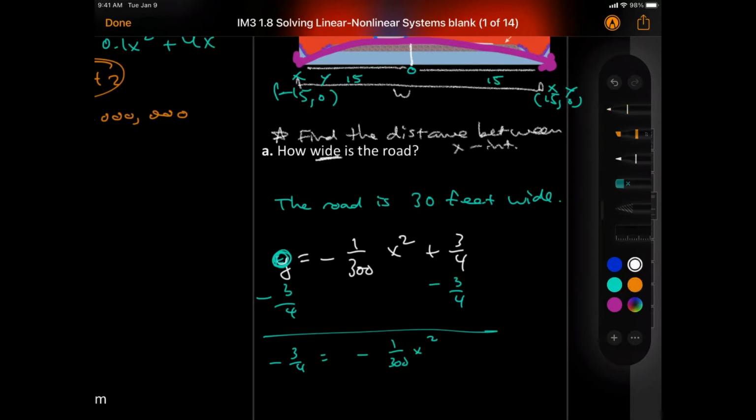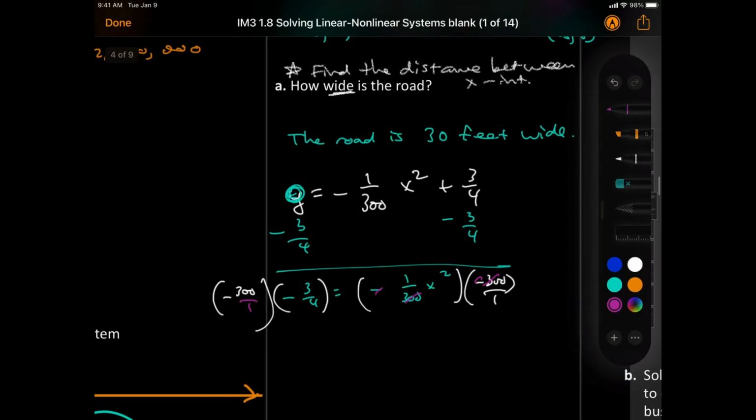I'm going to multiply both sides by negative 300 to clear that fraction. On the right side, my negative 300s would cancel, and over here you'll get a positive 900 over 4, and then you can just use the square root method.